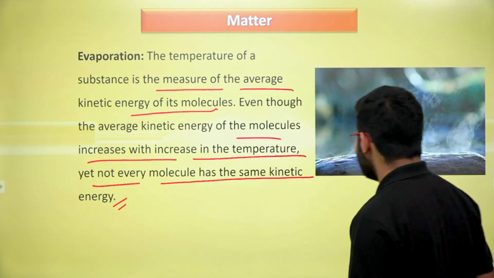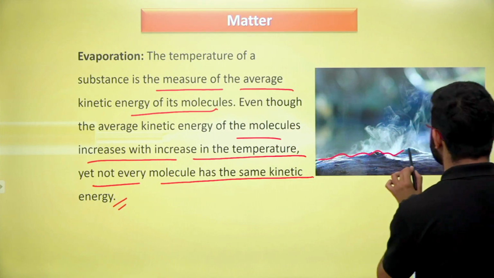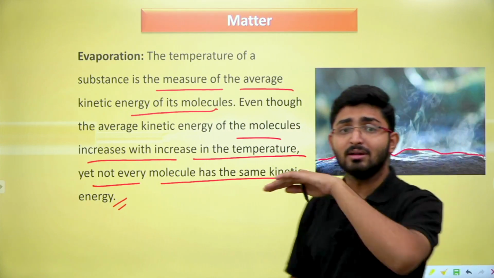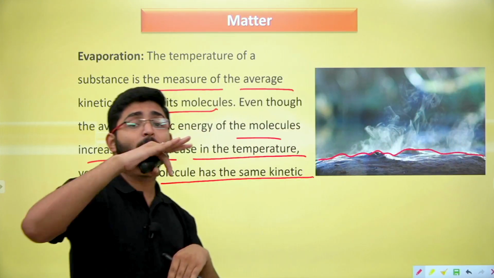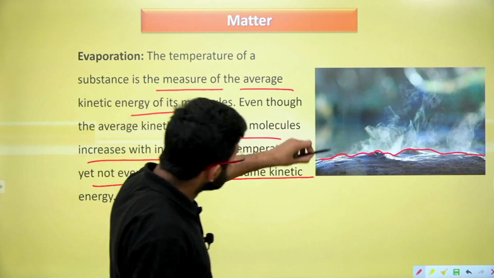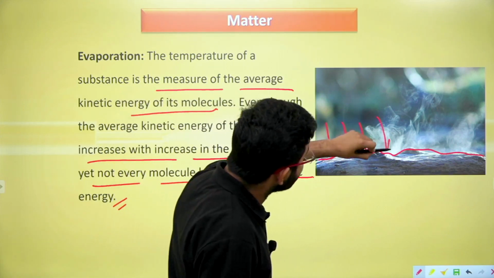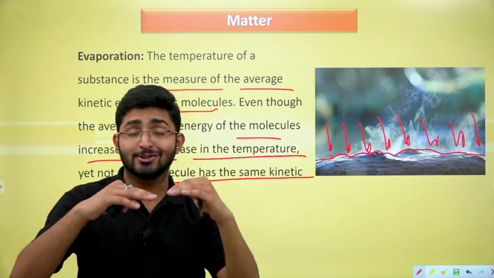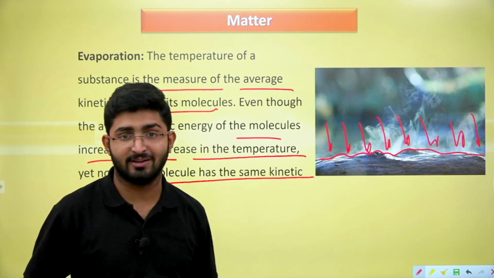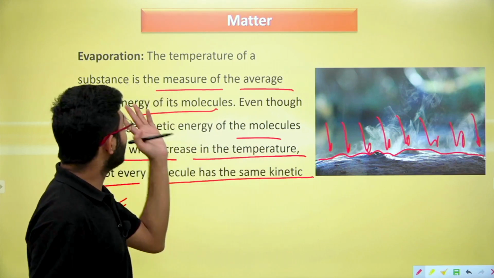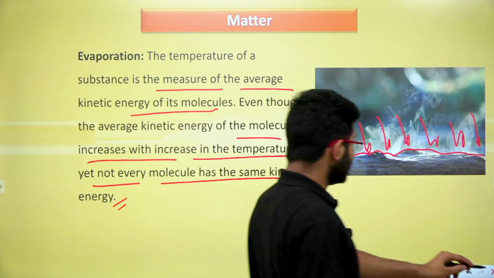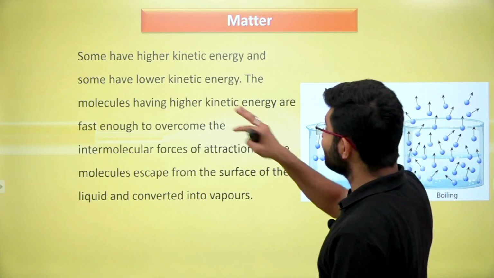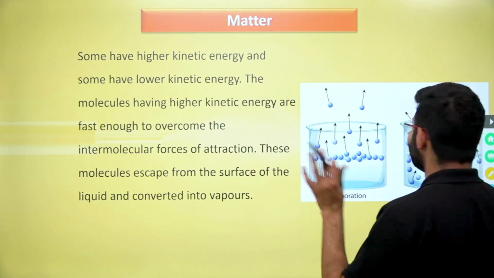But the water molecules on the top surface have the maximum kinetic energy, right? Because the kinetic energy is maximum, they just start to vaporize themselves. That's how evaporation occurs. Some molecules have higher kinetic energy and some have lower.